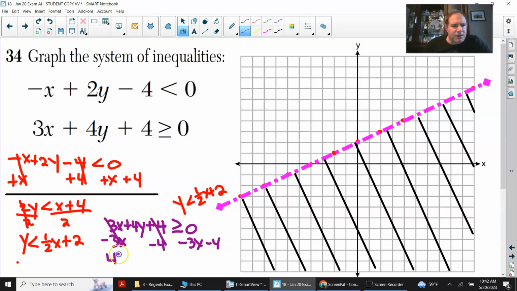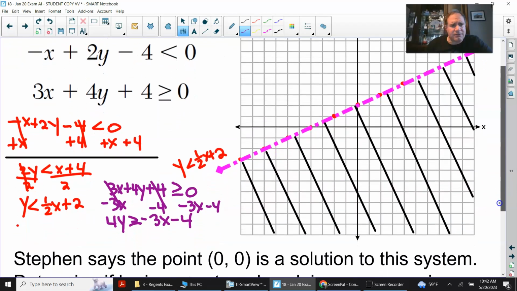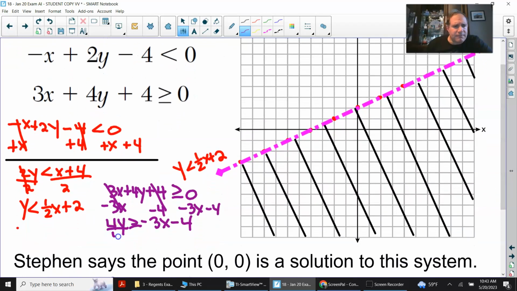So then you have 4y is greater than or equal to negative 3x minus 4. This is not an easy question at all. All right, you're dividing by 4 on both sides. This is y is greater than or equal to negative 3 over 4x minus 1.